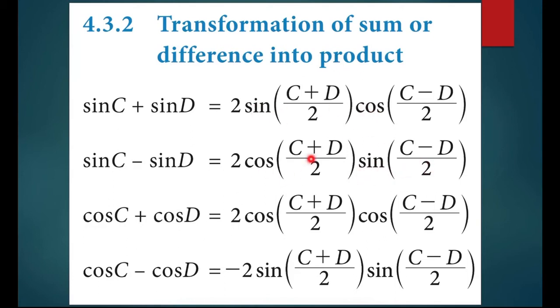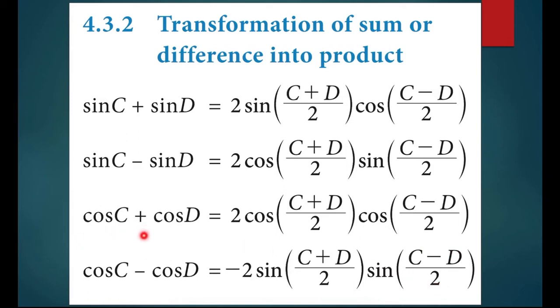Cos C plus cos D equals 2 cos((C+D)/2) cos((C-D)/2). Cos C minus cos D equals minus 2 sin((C+D)/2) sin((C-D)/2).